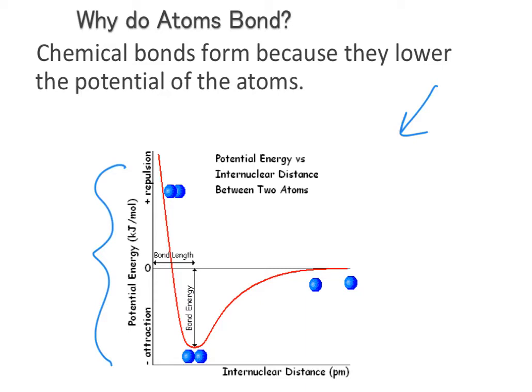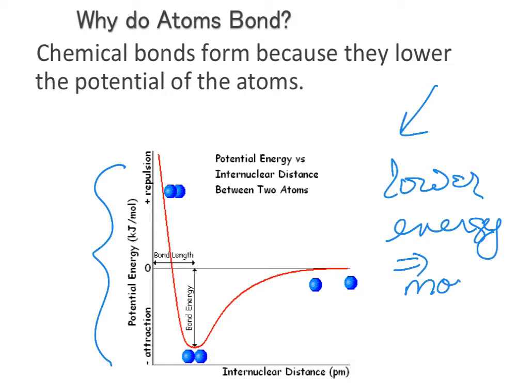So remember, in nature, the lower the energy, the more stable, right? So a negative energy is a good thing in nature, okay? That means it's stable. And really, anything that's going to happen spontaneously in nature is because by doing so, the system goes to a lower potential energy.